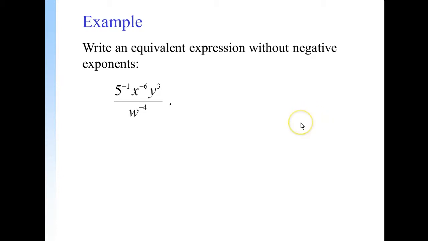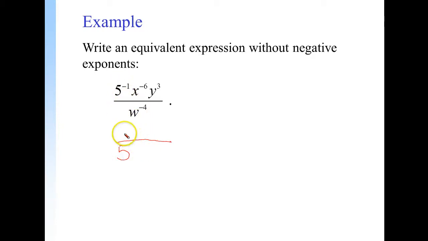So let's do this and try to keep everything positive. So our 5 is going to come down as 5 to the 1st, which will just make this a 5.